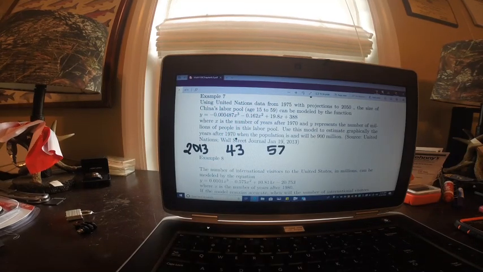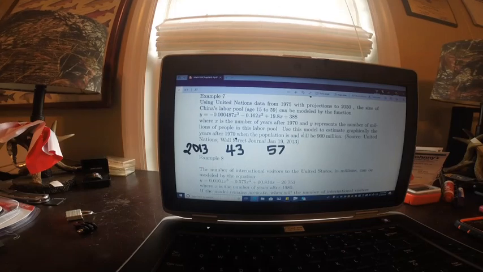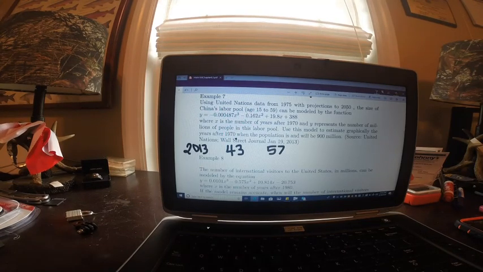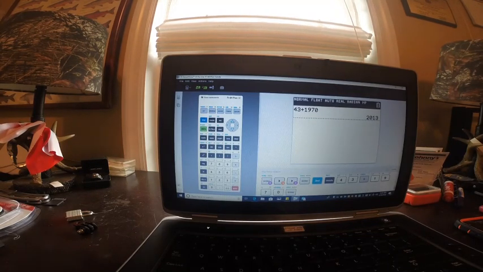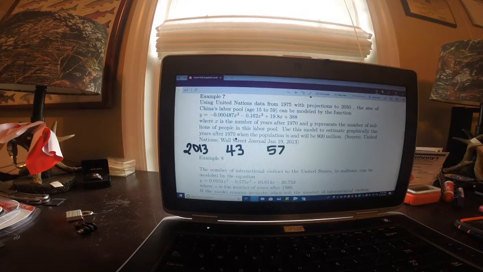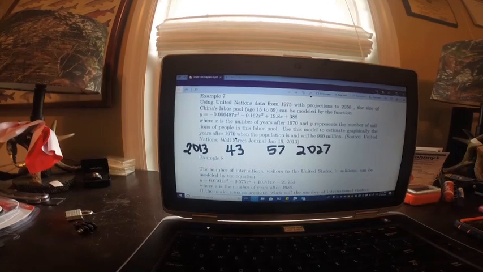What you'll also notice is that it says projections to 2050. We hadn't gone over 2050 with this 57, so I'm going to write that one as well. You can do 57 plus 1970, and that gives you 2027. So depending on how it wants the answer, you might have to convert it to the actual year. So when will the population be 900 million in both of these years?